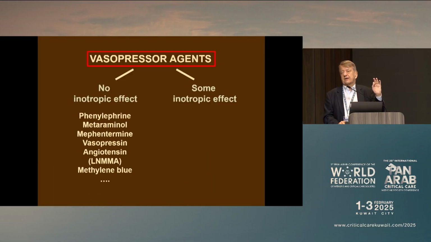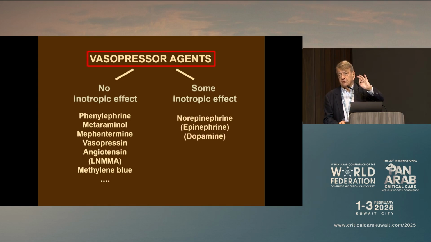And if we think about it, that's the primary reason why noradrenaline is our favorite first agent. Because noradrenaline has some moderate, but positive inotropic effects that other agents do not have. Phenylephrine, vasopressin, angiotensin, they do not have any inotropic effect.